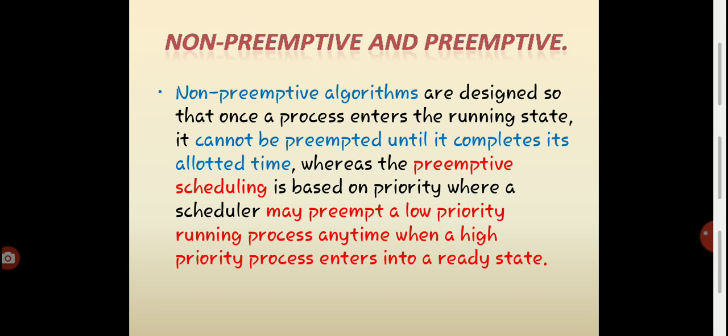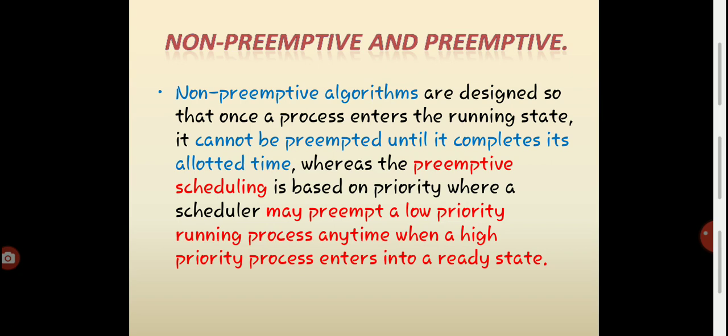When a process is currently running and another process, even one with high priority, comes, the current process cannot be removed from the processor until it completes its execution. That is called a non-preemptive algorithm. We need to wait for the current process to run completely, and only then can we allocate the next process in.